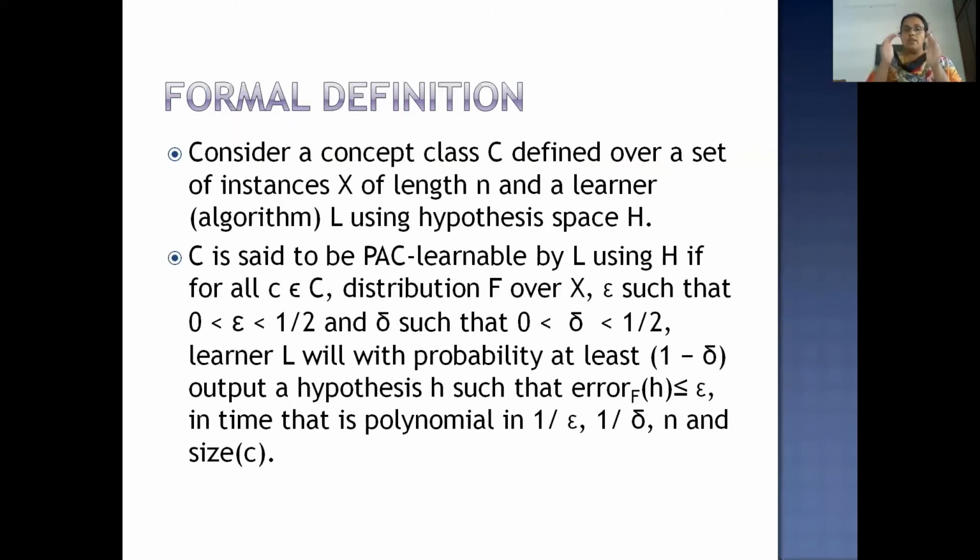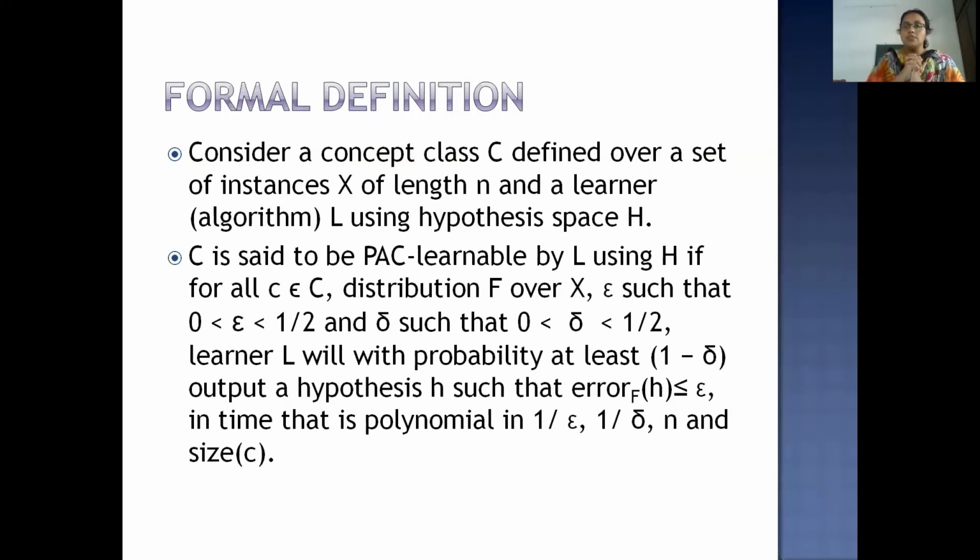Okay, so this learner L will with 1 minus delta probability be able to output a hypothesis which will have at most error epsilon, in time that is polynomial in 1 by epsilon, 1 by delta, n and size C. So the parameters of the polynomial are 1 by epsilon, 1 by delta, n and size C. This is the total number of instances that is required for getting the hypothesis with less than epsilon error and delta confidence.